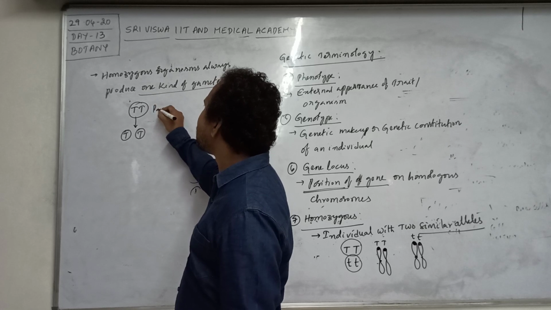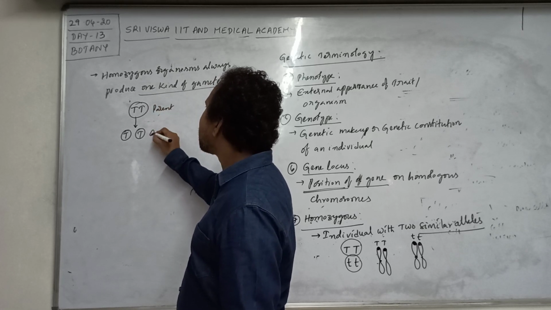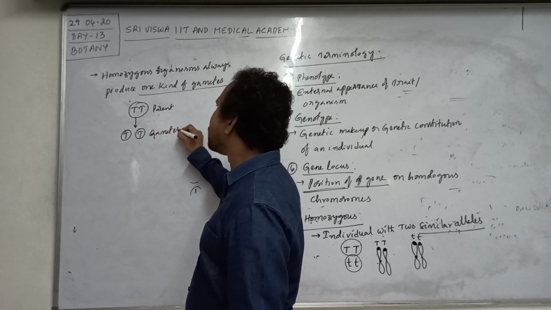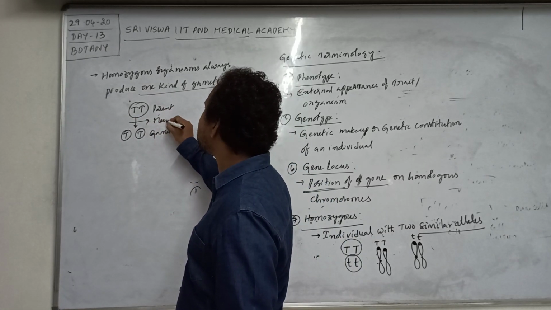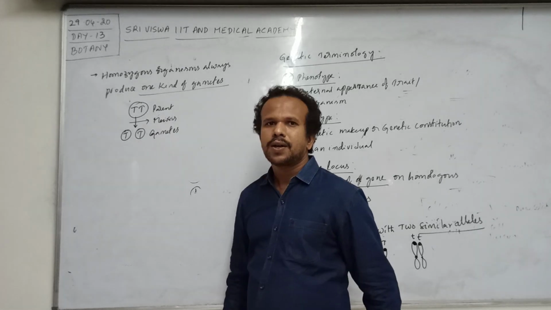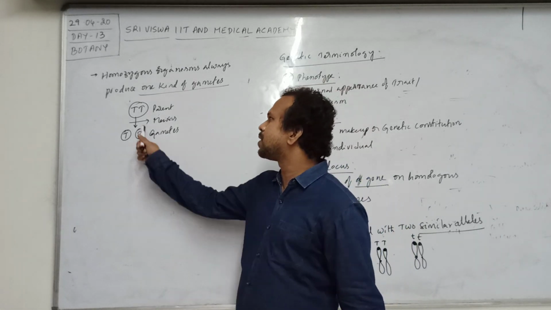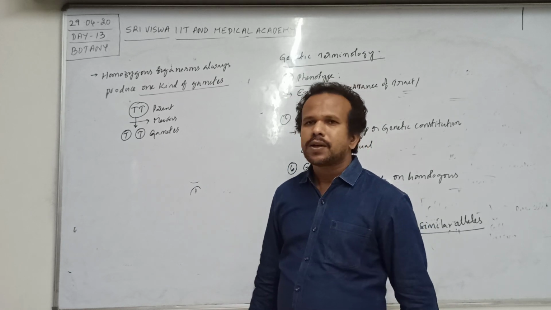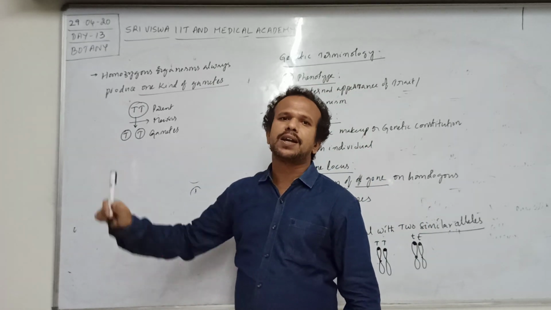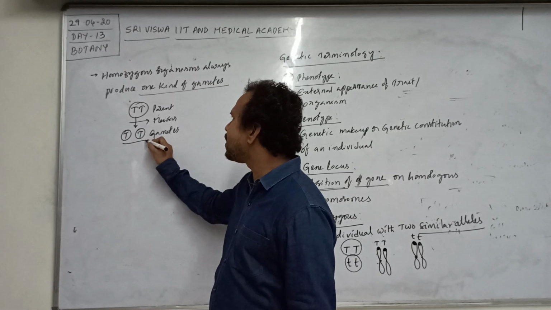This is the parent, these are the gametes. However, during the formation of gametes, which event takes place? Meiosis. Whenever meiosis takes place, generally these two alleles of a gene separate, then each gamete receives one allele. So here all the gametes have capital T allele.